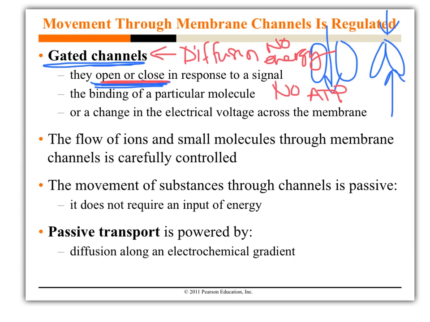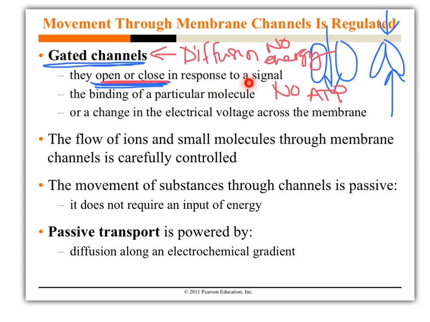So what happens? Well, these gated channels work by when there's a binding of their molecules, so sodium or potassium, usually whatever the channel is for, it can change the conformation of the protein. Remember, protein function is all about shape and conformation. Conformation or shape in a protein is all about the chemistry, right?